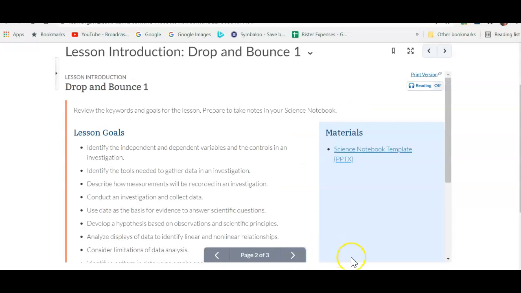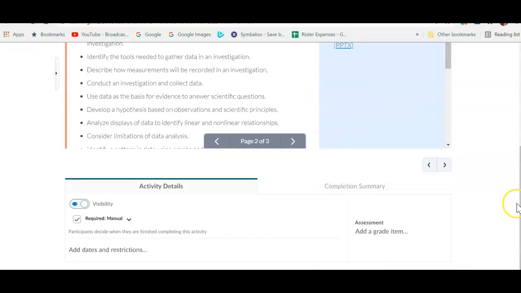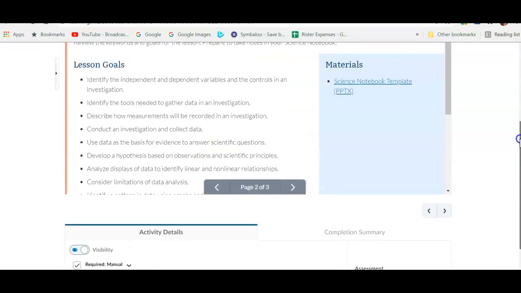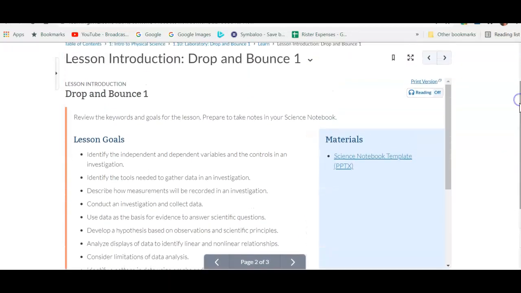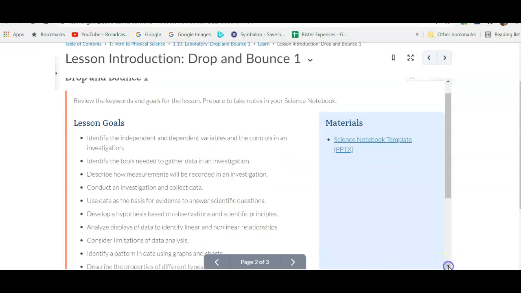So here are our lesson goals. We've got a couple of things going on and some keywords that you are definitely going to want written down in your notes. So we're going to be identifying the variables, independent and dependent, the tools that we've needed to gather data. You're going to describe how our measurements will be recorded. We'll conduct the investigation.